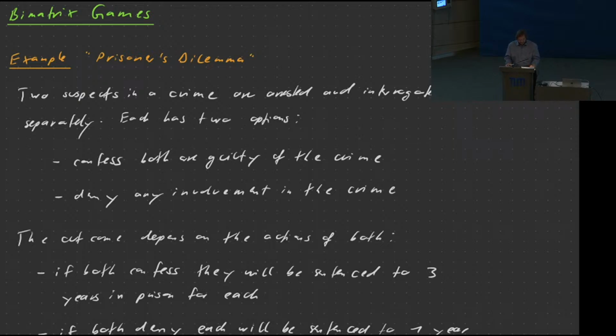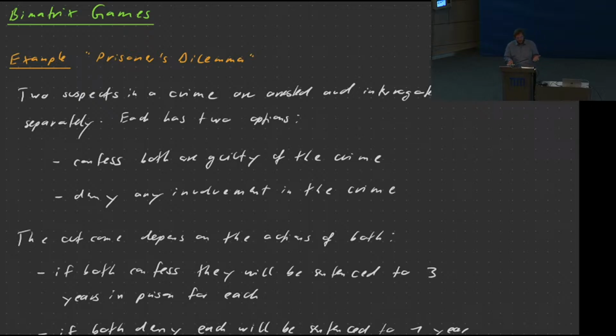The setup is the following. A crime has been committed. There's two suspects that have been caught by the police, and they are now interrogated separately. Each of those two has two options. They can either confess or they can deny any involvement in the crime.